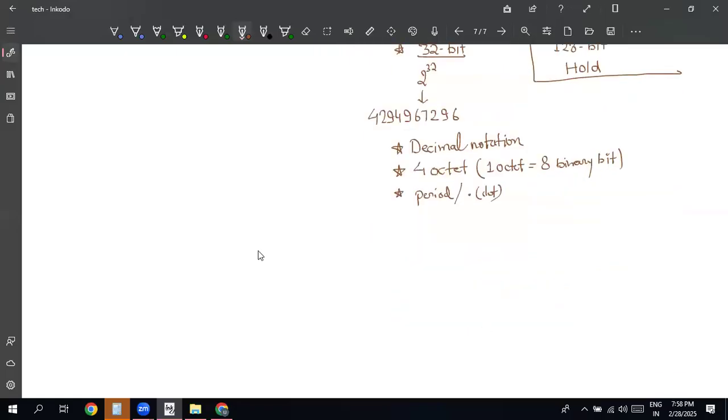If I were to represent an IPv4 address in the form of X, it might look like this: X dot X dot X dot X, where a single X is basically an octet. And this octet combines 8 binary bits. If I want to represent that octet in 8 binary bits, it would look somewhat like this: 1, 2, 3, 4, 5, 6, 7, 8.